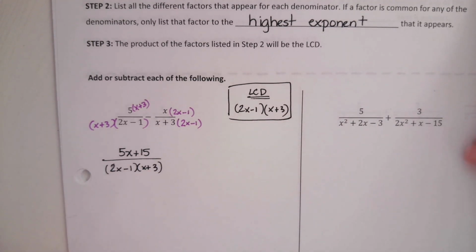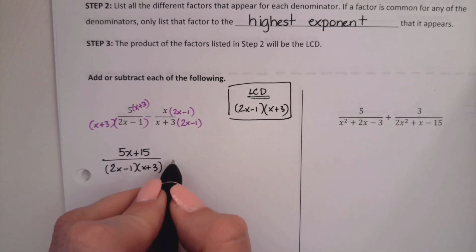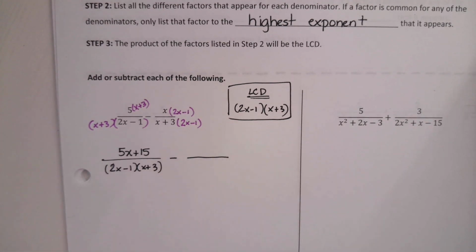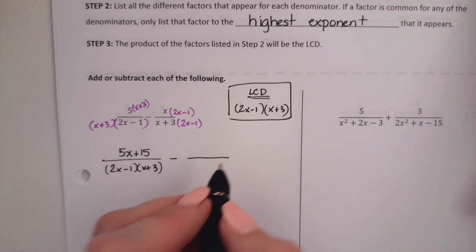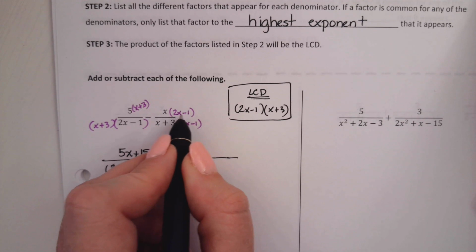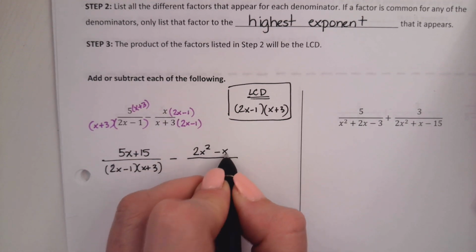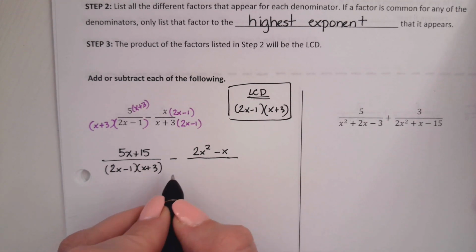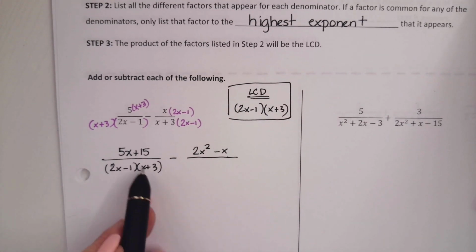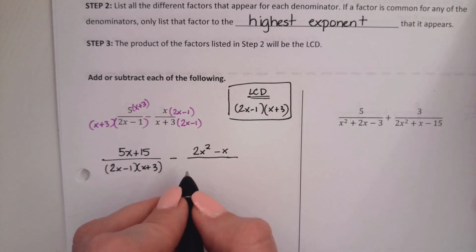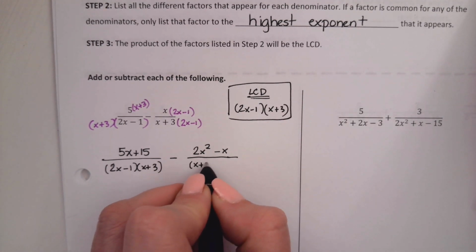Again, you don't have to FOIL out your denominator unless you really want to. And then we got a minus sign. And then what is our new numerator on the right fraction? 2x squared minus x. Very good, robots. When I write my LCD, does it matter what order I write these two factors in? No. Multiplication is commutative. You can write it in any order you want to.